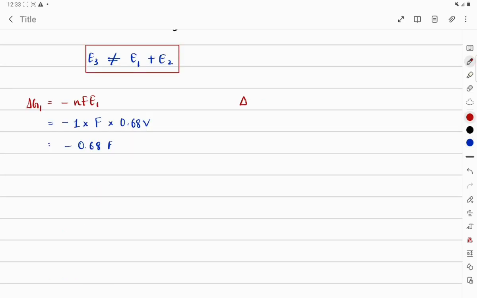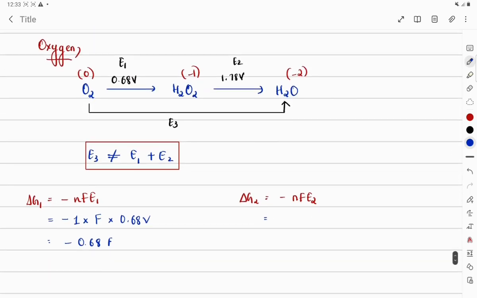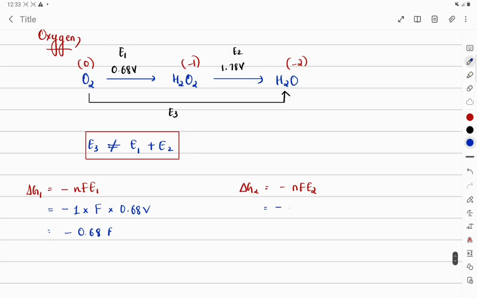What about delta G2? That will be minus NFE2. From -1 to -2, how many electrons would be involved? Again, only one electron. So minus 1 into F into E2, which is 1.78 volt. So overall delta G2 will be equal to minus 1.78 into F. Now, as I told, delta G is extensive, which can be added.